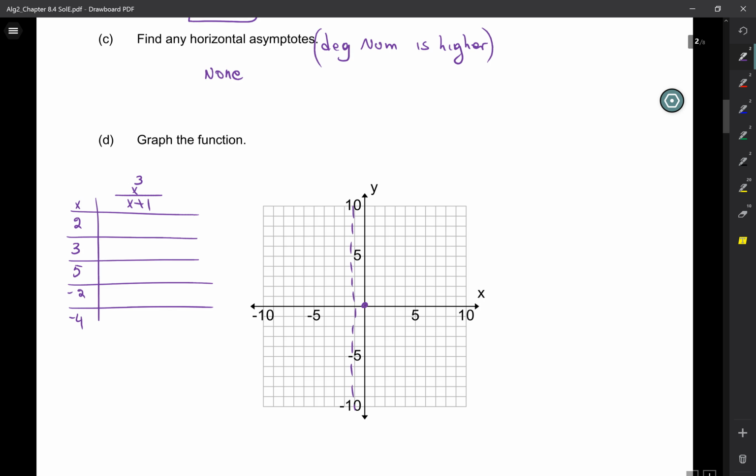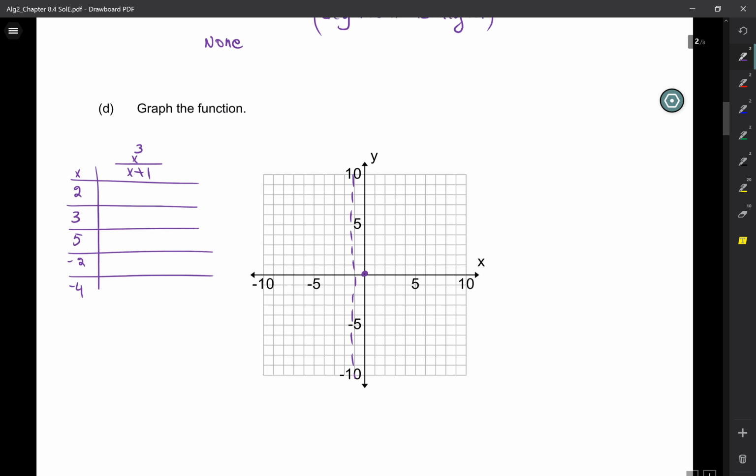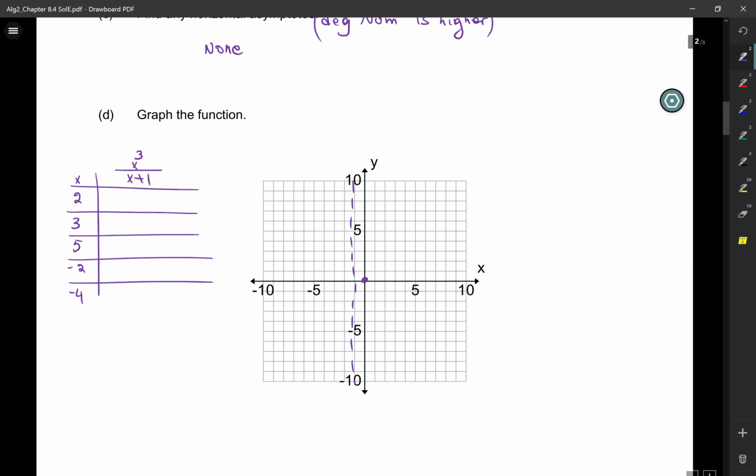When I put 2 in here, I get 2 cubed, 8 over 3, which is 2 and 2/3, right? So it's 2.7. Okay, when I put 3 in here, I get 3 cubed is 27 over 4. How much is that?